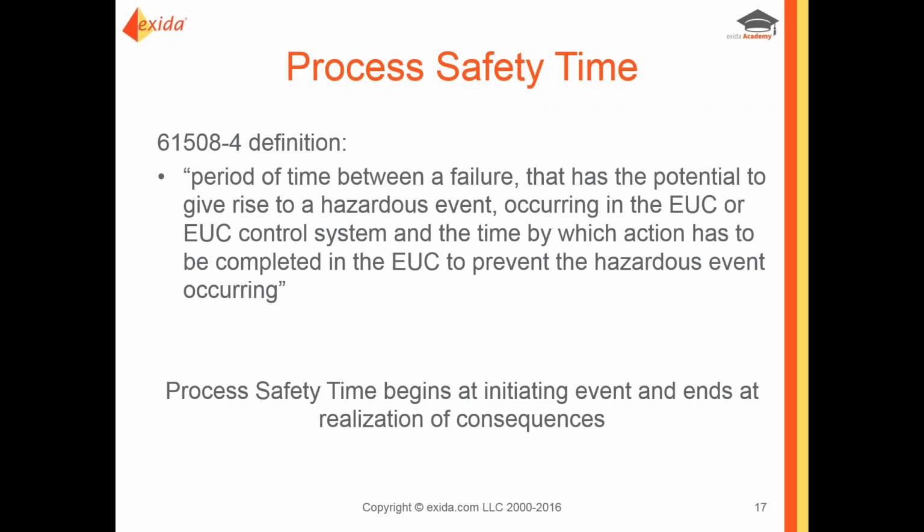So adding this piece of information to what we know thus far, we would define the process safety time as beginning at the initiating event and ending at the realization of consequence.